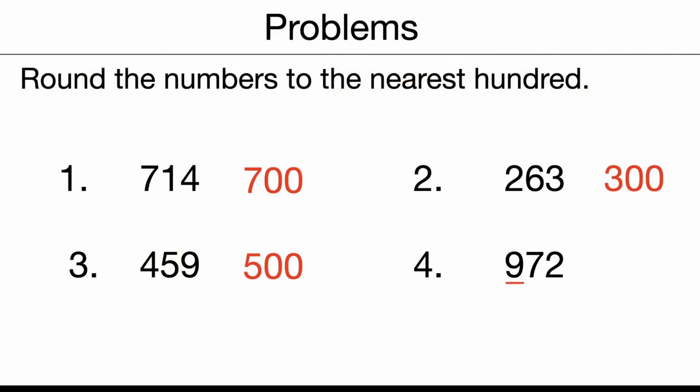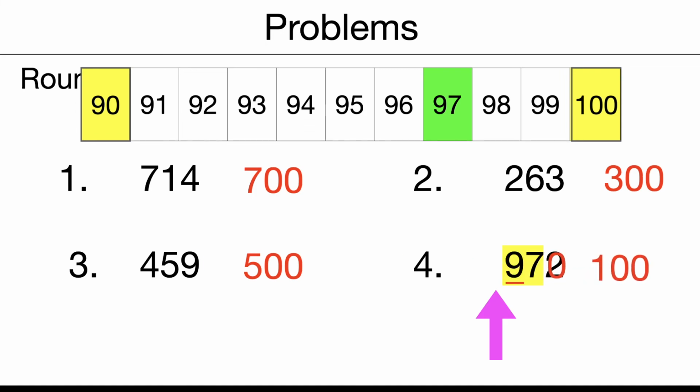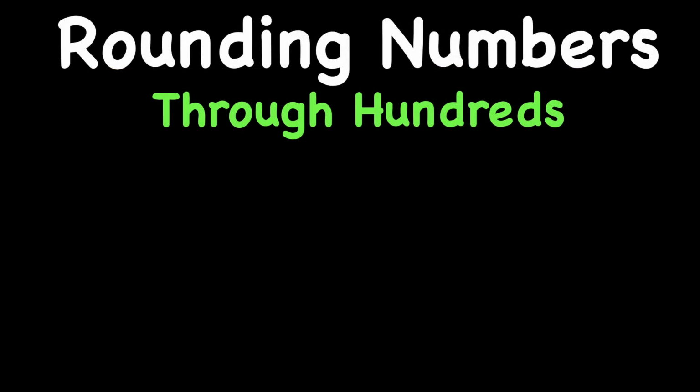And number 4, we underline, box. Notice that 97 rounds to 100, right? Just make sure you write that 100 and slide that over to your left side, okay? And you'll be fine. And then pop that remaining 2 into a 0. And we would say that 972 rounds to 1,000.